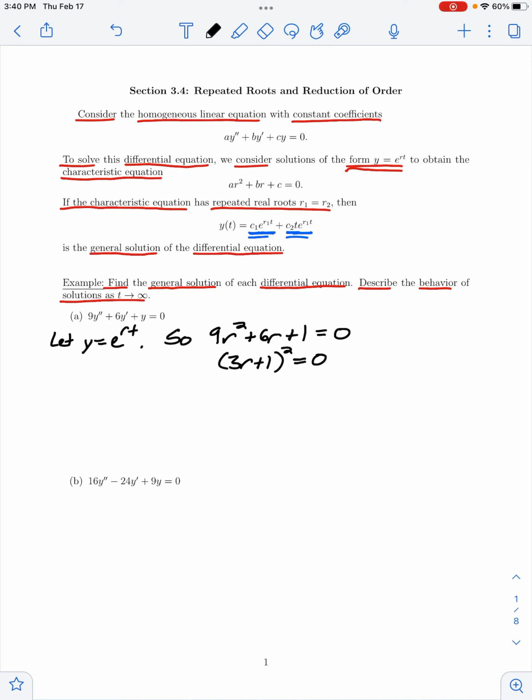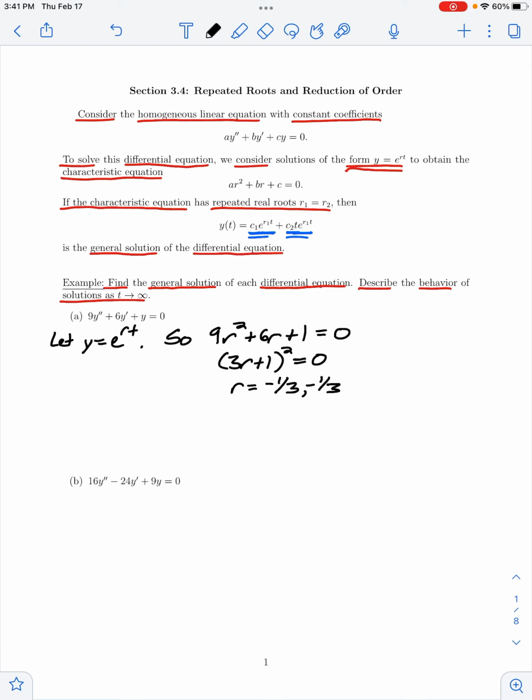So we have here a single root of negative 1/3, but there were two factors of 3r plus 1 that could equal 0. So we have a root of multiplicity 2 here, a double root.